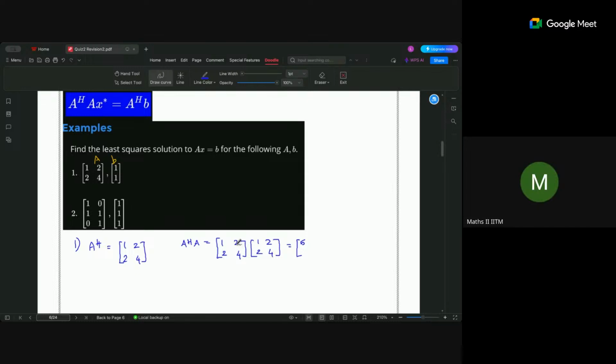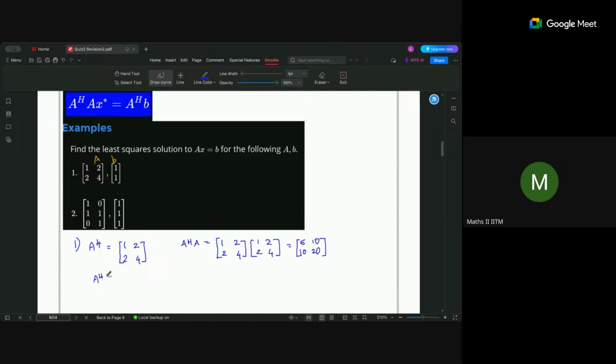Yeah, 2 plus 8 is 10, right? So 5, 10, 10, and then 4 plus 16, 20. 5, 10, 10, 20. Please make sure your calculations are correct. I guess this is the correct answer. Does anyone agree? Yeah, it's fine.